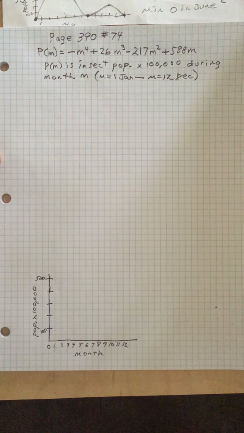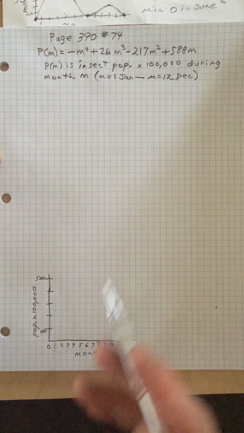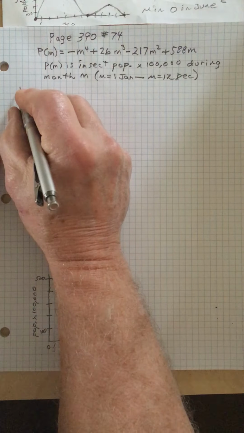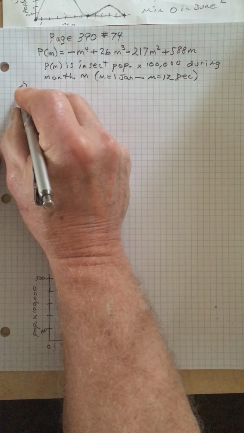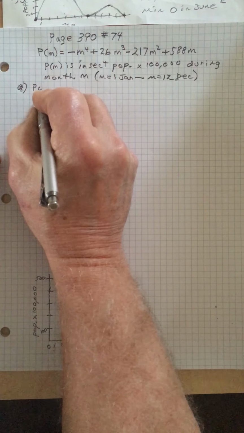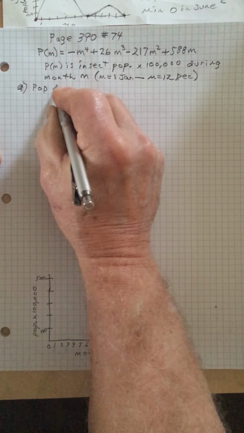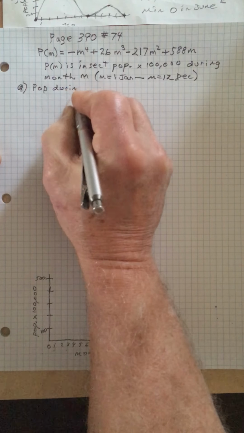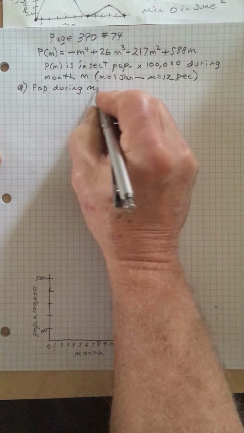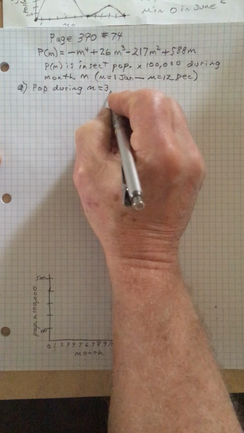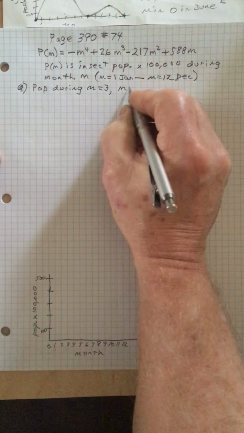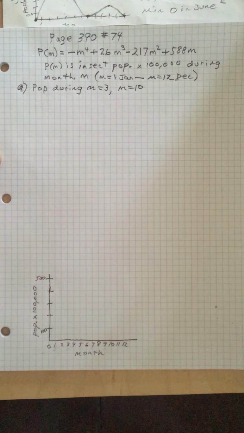What they want to do here is first find the insect population during March and October. So A, what was the population during March, which is m equals 3, and October, which is m equals 10.